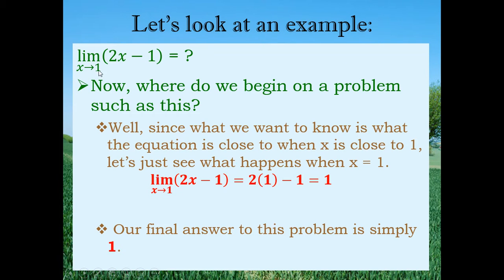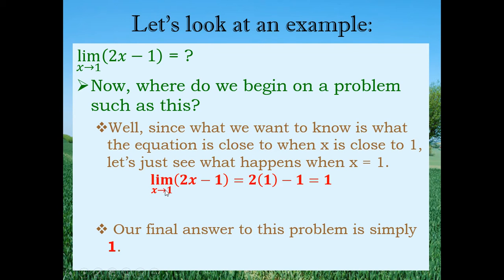Now, where do we begin on a problem such as this? If I have just 2x minus 1, well, we can just plug in the value of 1. As x gets closer to 1, what does 2x minus 1 get closer to? Well, it's pretty simple. It gets closer and closer to 1. So our final answer to this problem is simply 1.